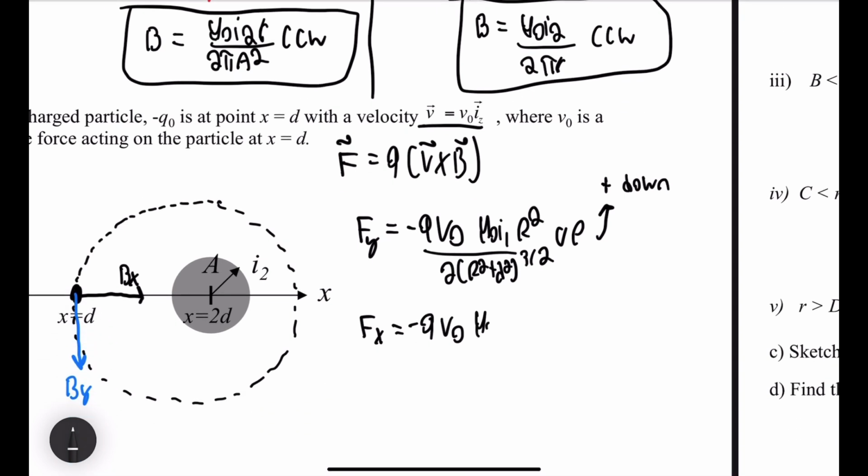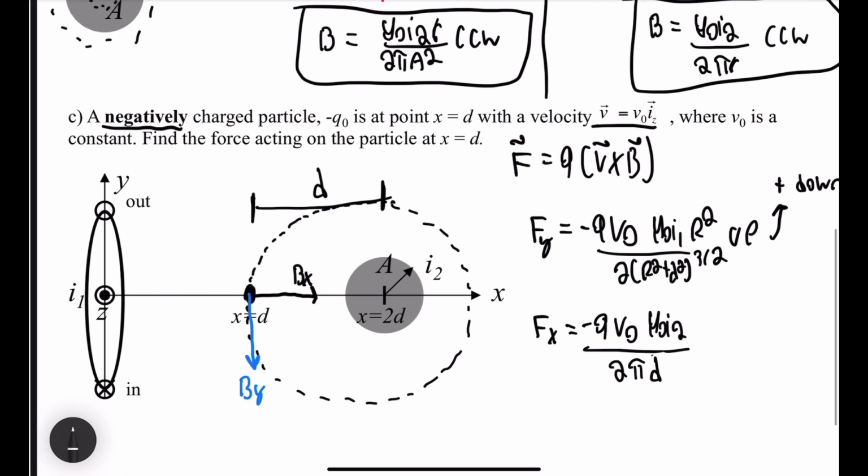So it's going to be mu naught I over 2 pi r. But in this case, we know what r is. We're a specific distance d, because we have 2d, and then minus d. So this distance here is d. So we have 2 pi d.